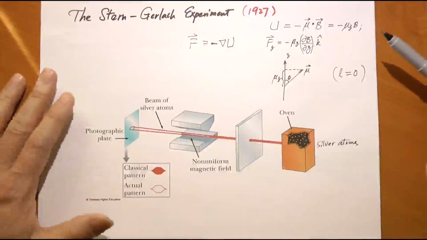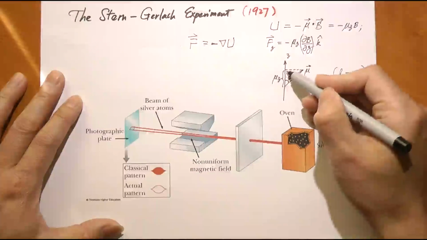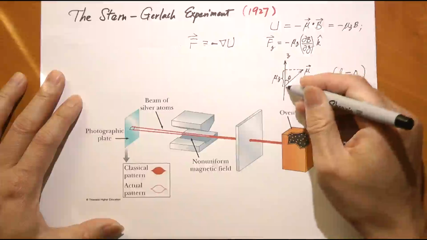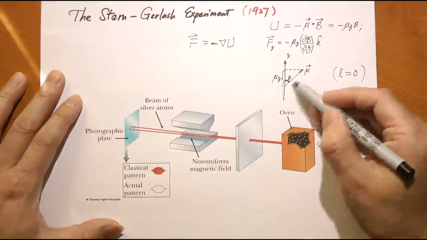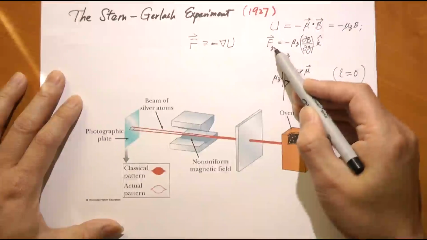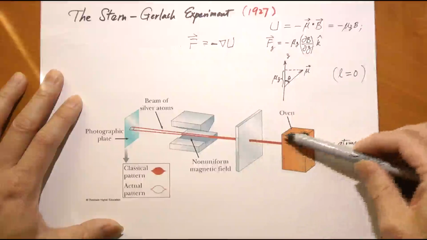Well, classically, it should be a smeared out result, because classically, mu z is the z component of mu, and the angle theta between mu z and mu itself is a continuous variable, classically. Which means mu z itself is a continuous variable, which means the force is also a continuous variable, so therefore, it's going to be everywhere, okay?